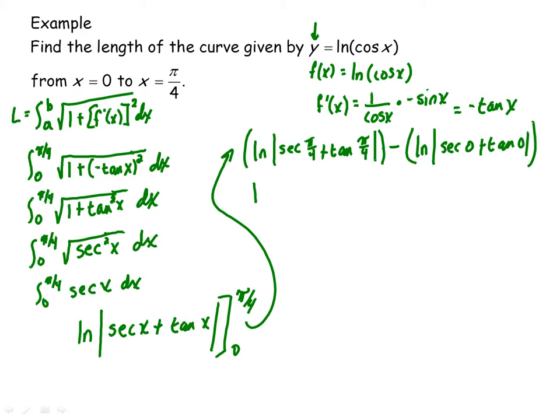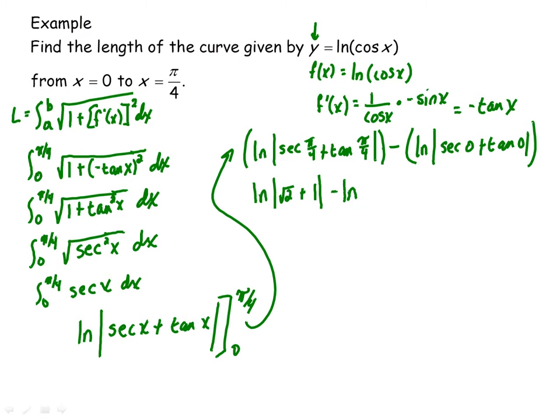So, natural log. What is secant of pi over 4? You got it yet? I don't want a degree, I want a number. What is secant of pi over 4? Square root of 2. What is tangent of pi over 4? 1.